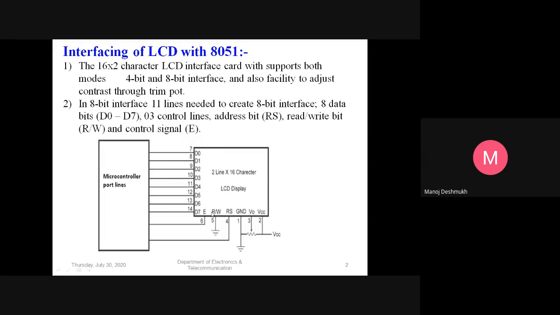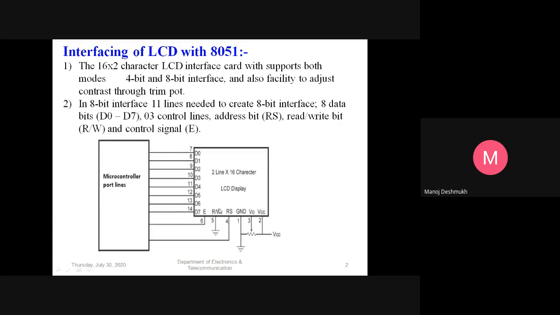Whenever RW is equal to 0, the write operation is going on, that is the LCD is interfaced for writing content by the controller side. Contents available on the controller or port are simply written on the LCD with the help of data lines. So when RW is equal to 0, the LCD is in write mode.